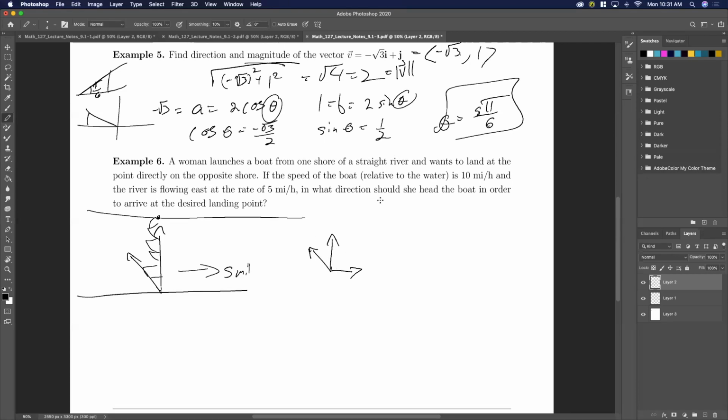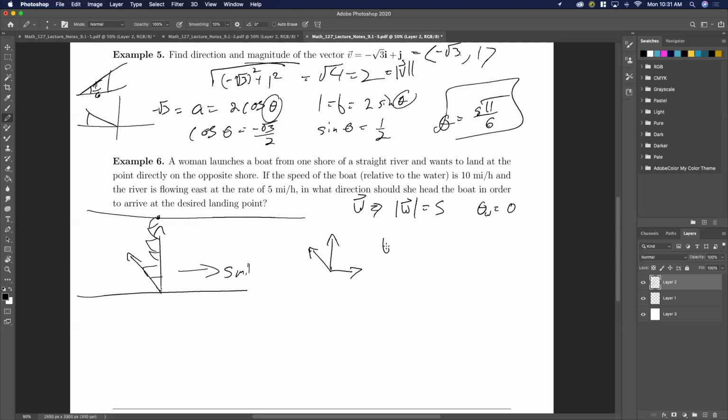We know the magnitude of the water. So let's just say the water vector has a magnitude of 5 and a direction theta w of 0, right? It's heading straight in the positive x direction.